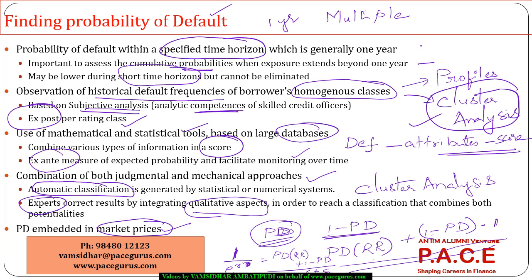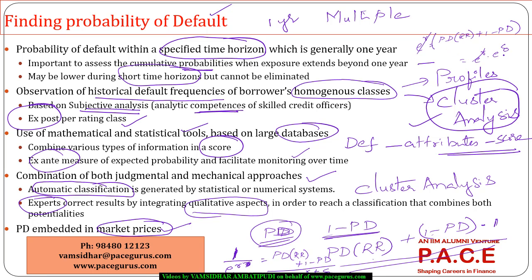So I could clearly see that e power R is equal to e power R into PD into RR plus 1 minus PD, which is equal to e power R into e power delta.